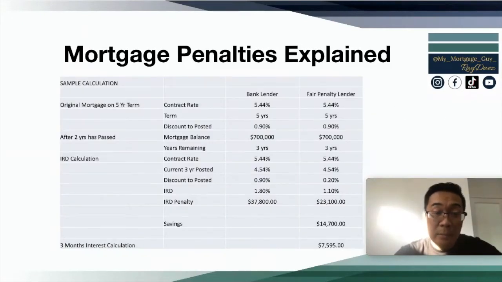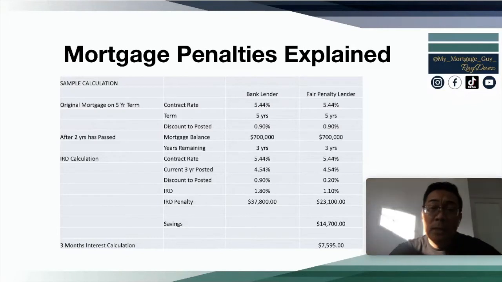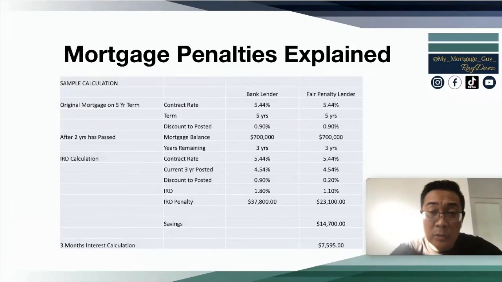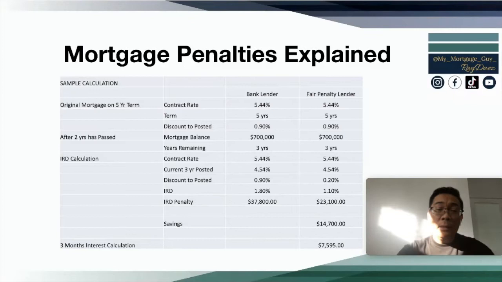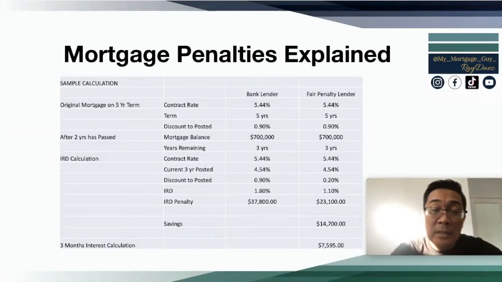Here's an example. So let's say we committed to a 5-year fixed term today. Let's say it's around 5.44%, and that discount compared to the posted rate is around 0.9%. So it's a 5-year term. And fast forward 2 years from now, let's say our balance is $700,000. That means on a 5-year fixed term, 2 years from now, there's 3 years remaining.